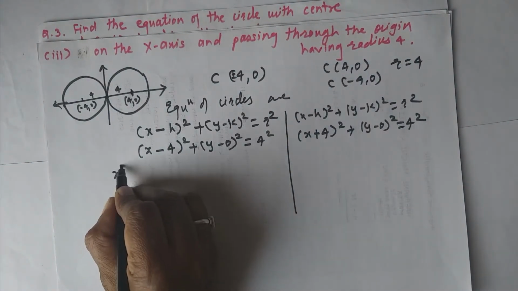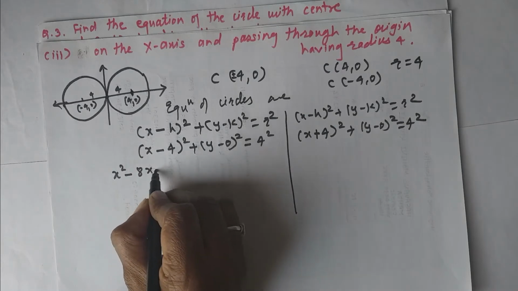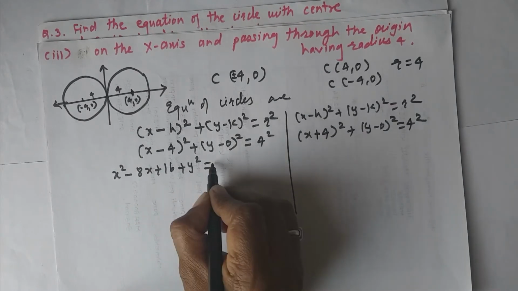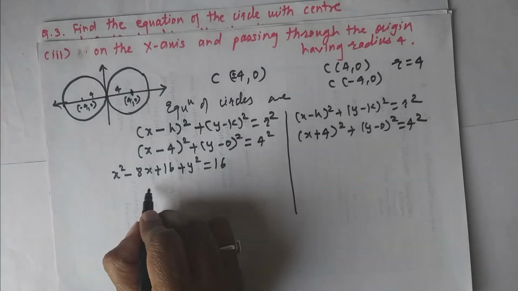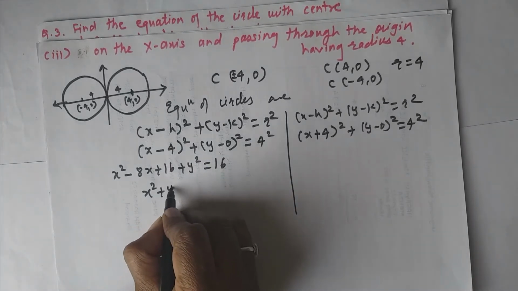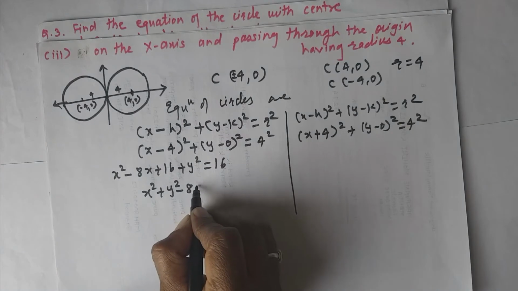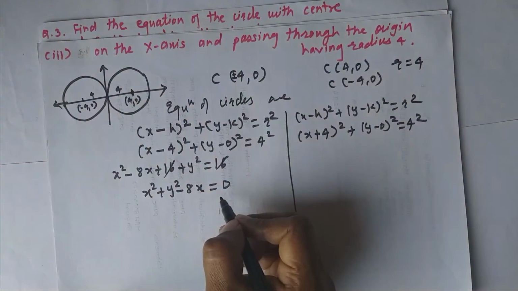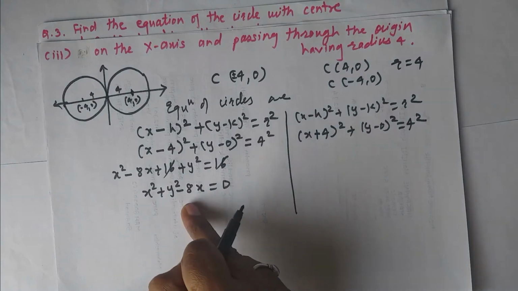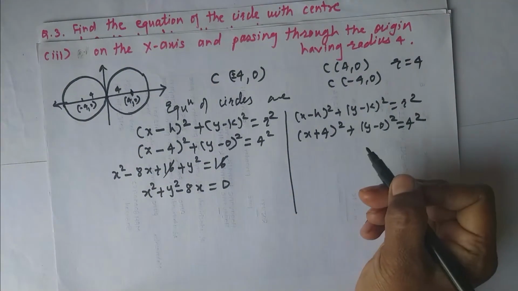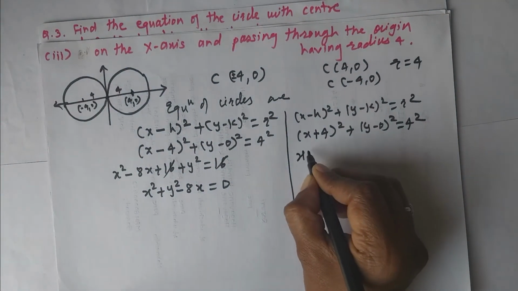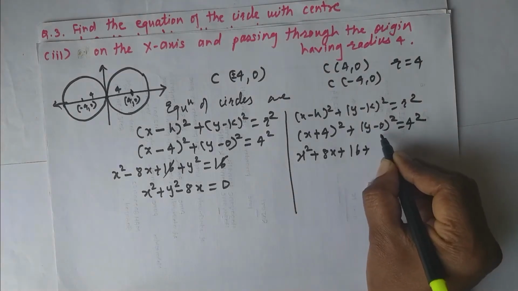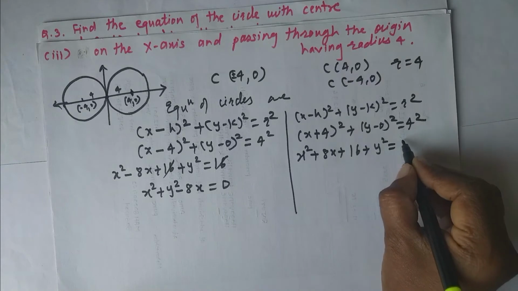This will be x square minus 8x plus 16. (y minus 0) square means y square is equal to 16. Now simplify this. x square plus y square minus 8x. This plus 16 and minus 16 will get cancelled and we will get the equation of circle x square plus y square minus 8x is equal to 0. Now expand this. This will be x square plus 8x plus 16. (y minus 0) square means y square, 4 square, 16.